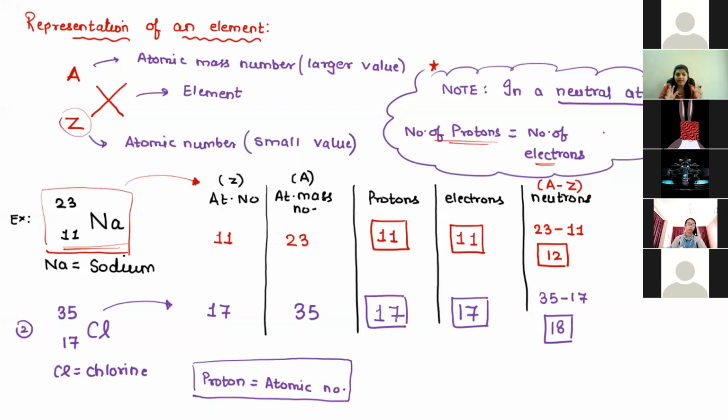So please take a screenshot of this. More about solving the questions, then detail about finding the average atomic mass and also what are isotopes, and also solving some questions based on what we have learned today in today's class, all that we will be doing on Wednesday at same time, from 12:30 to 1:30.